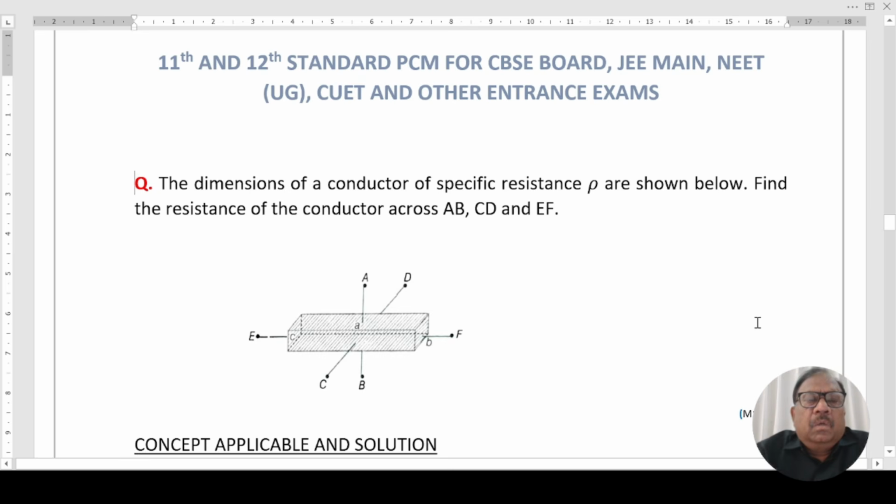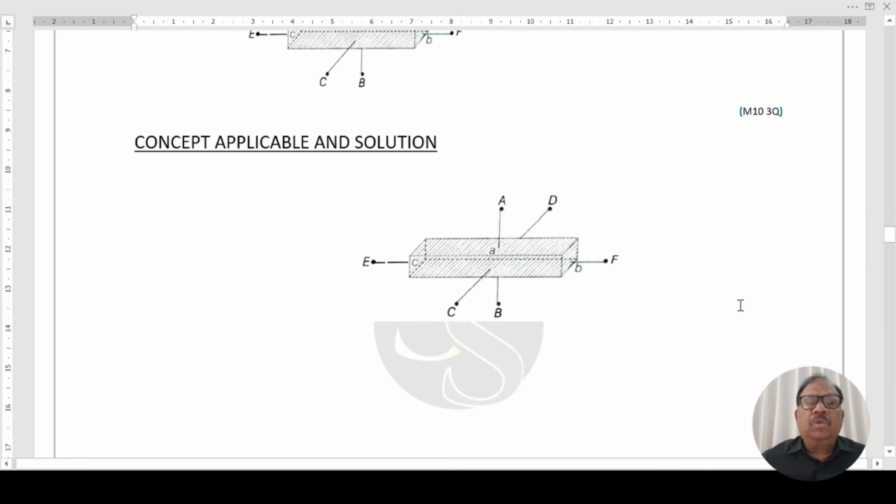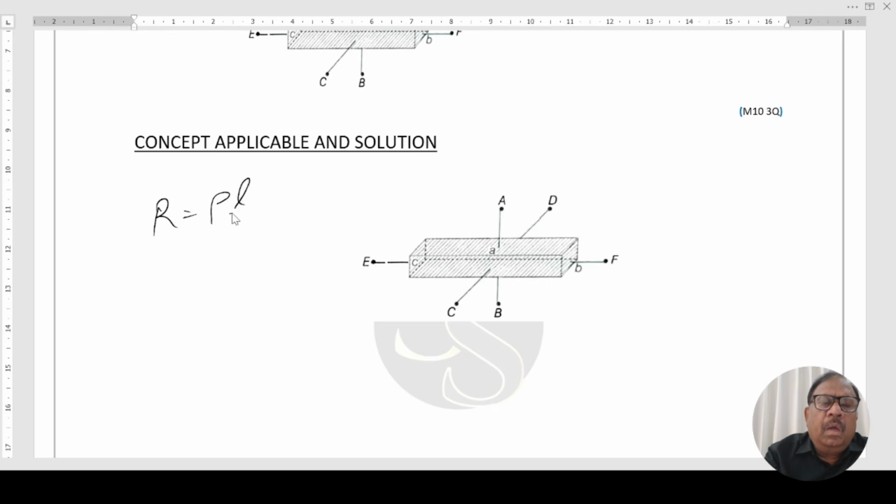Next question. Question is, dimensions of a conductor of specific resistance rho are shown below. Find the resistance of the conductor across A, B, C, D, E, F. This is the figure. Concept applicable and solution. We know R equal to rho L upon A. Here the concept is being cleared: how to identify area, how to identify length.